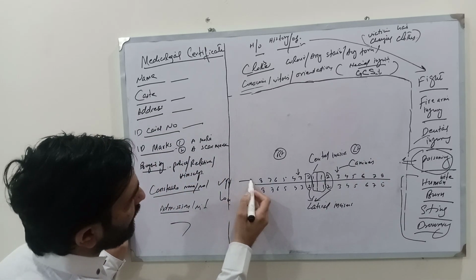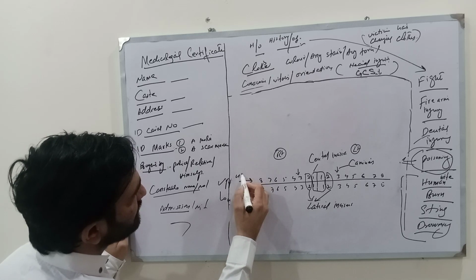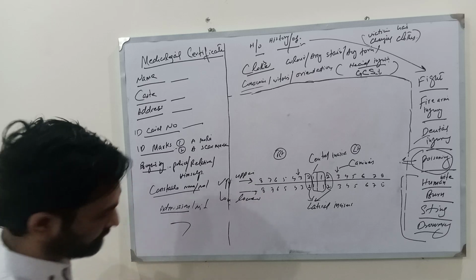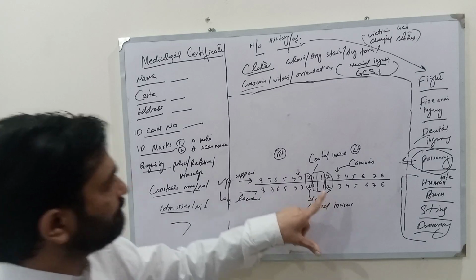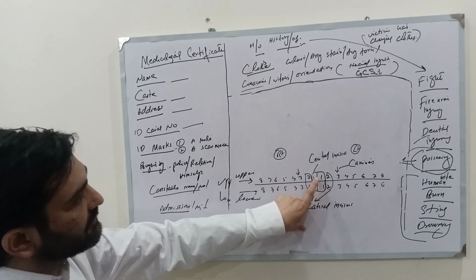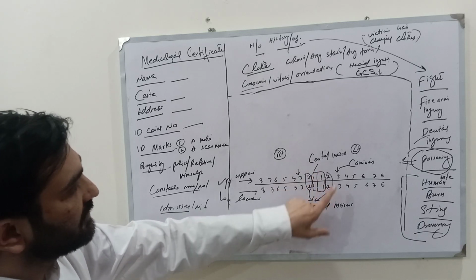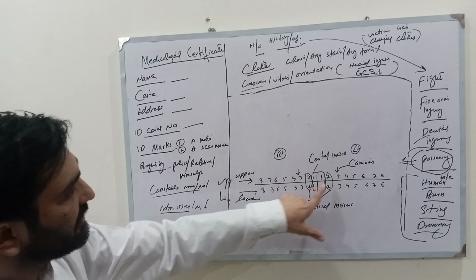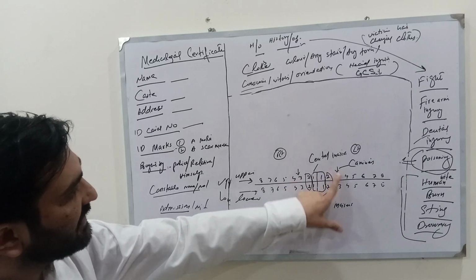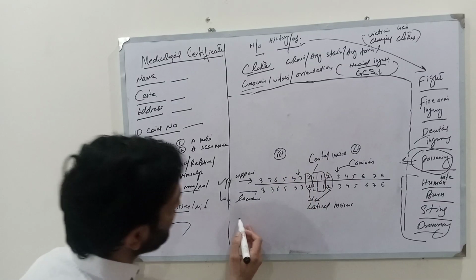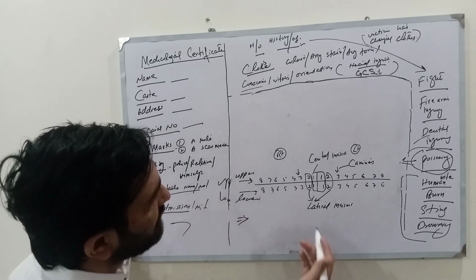Remember, this is upper, these are lower. So these are central incisors, upper and lower. These are lateral incisors, upper and lower, and these are canines, upper and lower, and further premolars and molars, upper and lower.